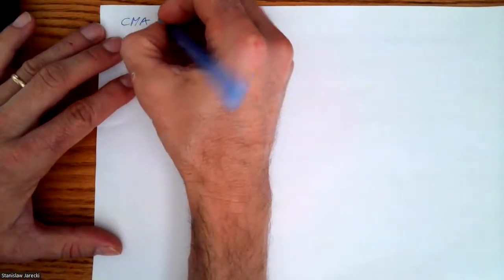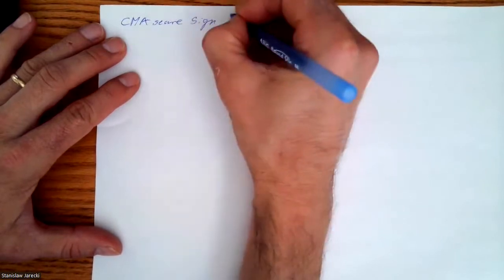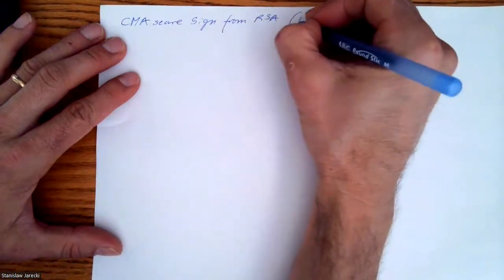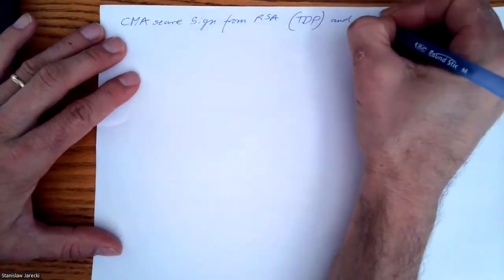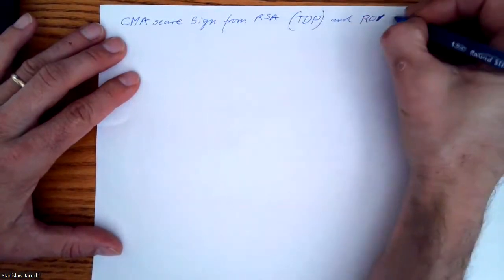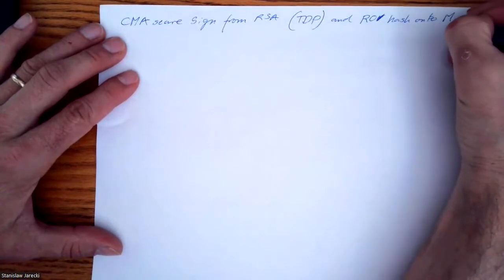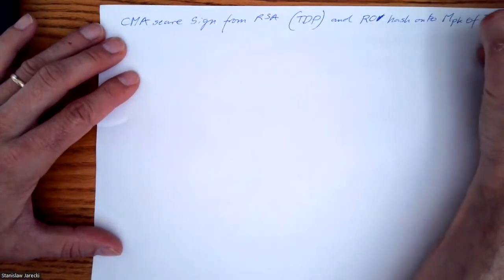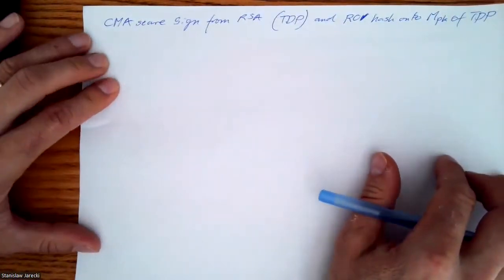So here is the CMA secure signature from RSA. In fact, from any trapdoor permutation and random oracle hash onto the message space of this trapdoor permutation. Okay.